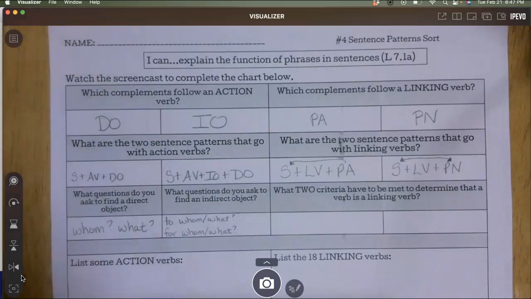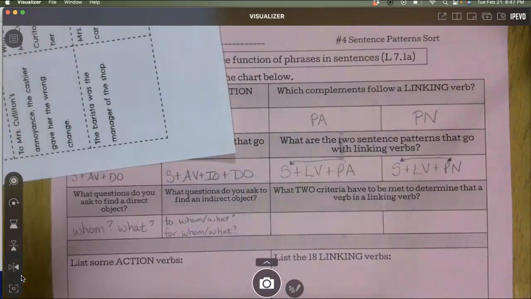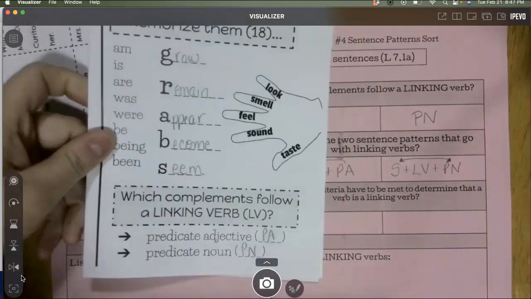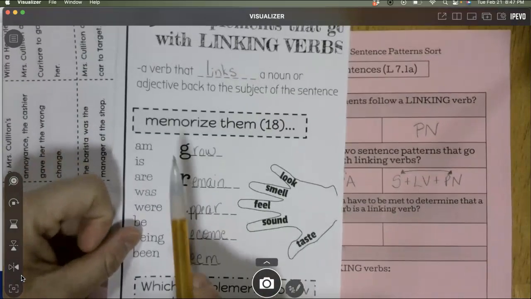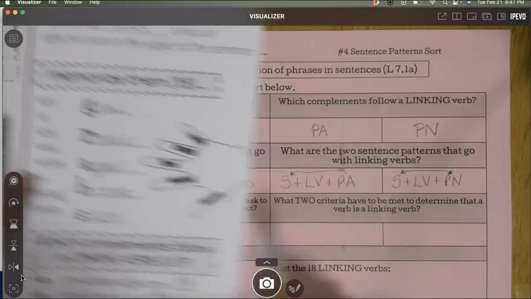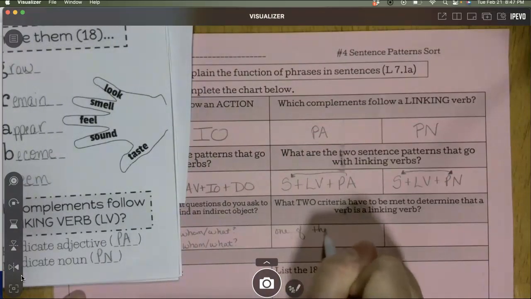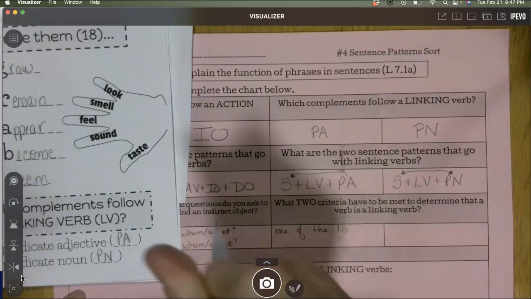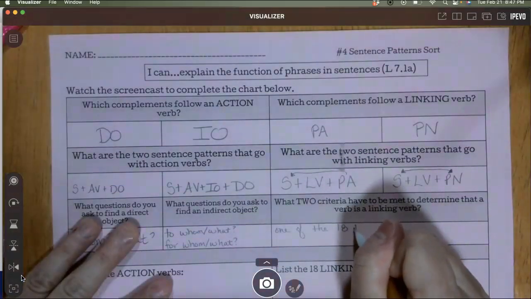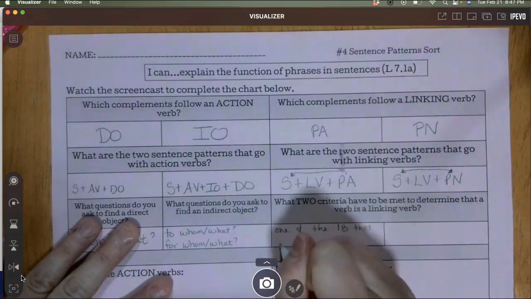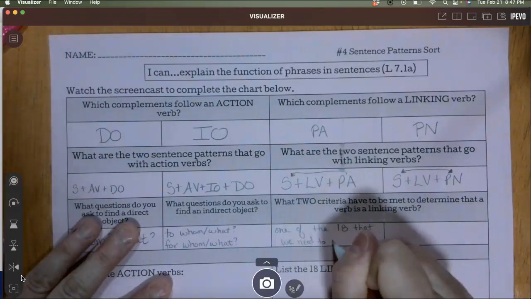Our 2 criteria, how do we know if it's a linking verb? Well, number 1, the first criteria is it has to be on this list here. In your notebook, you should have this list of linking verbs. It's got to be one of the 18 that we need to memorize.